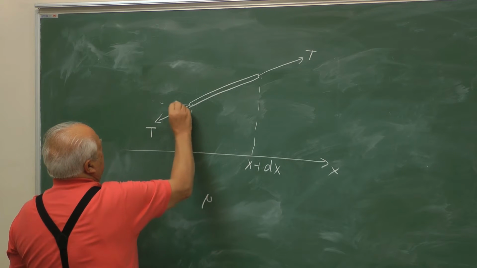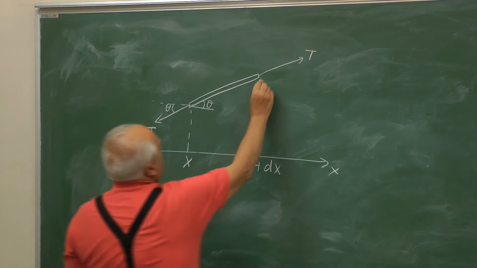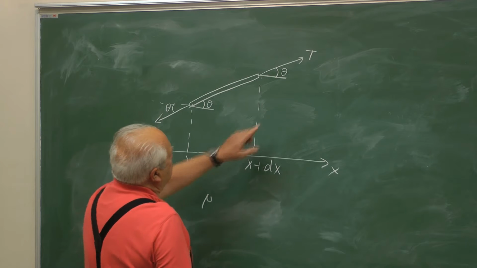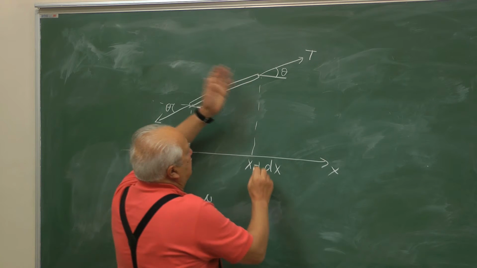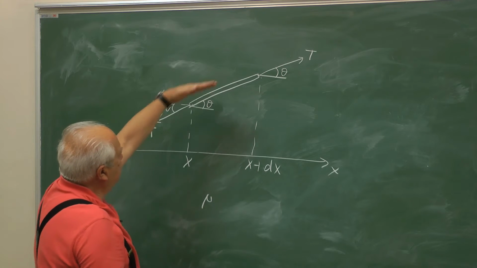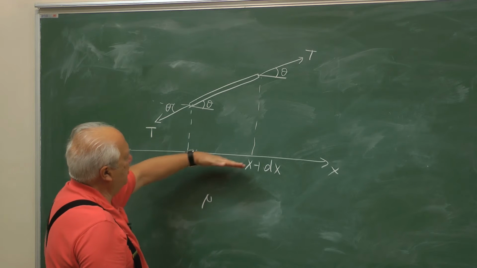And this angle is theta, and this angle is theta, except that everybody is a function of x. So this is theta at x plus dx, this is T at x plus dx. And it is vibrating in a transverse wave, namely orthogonal to x.